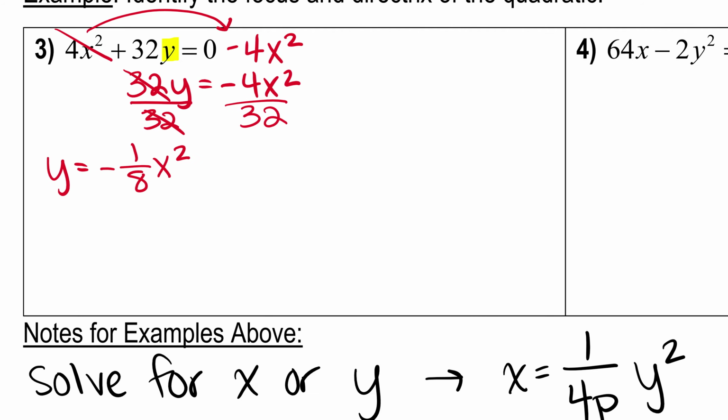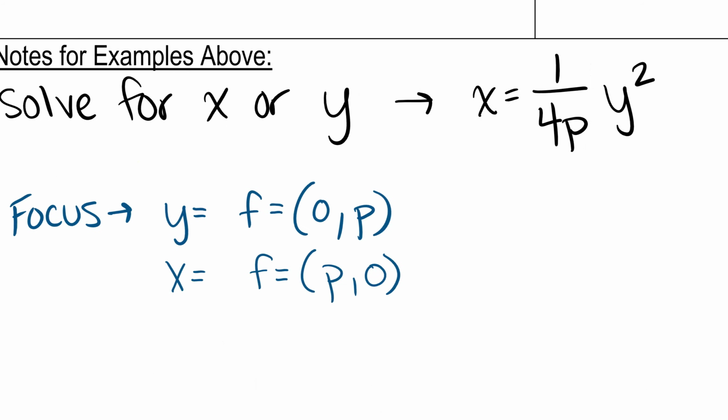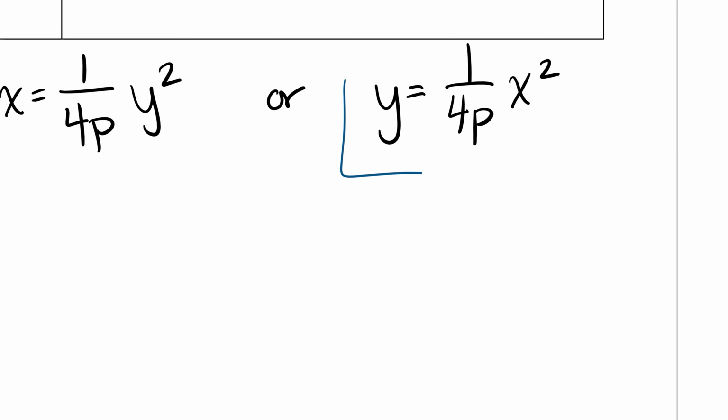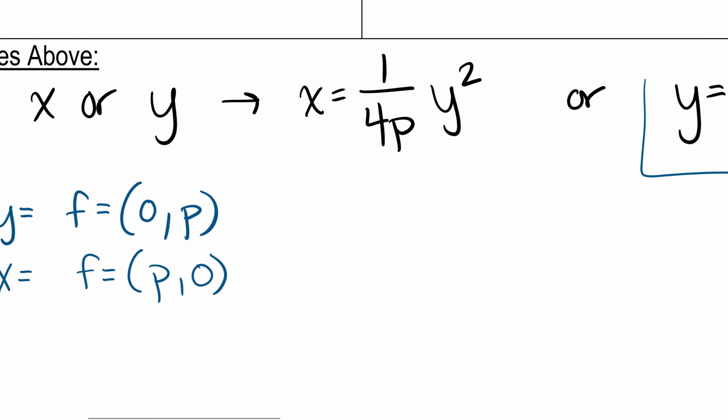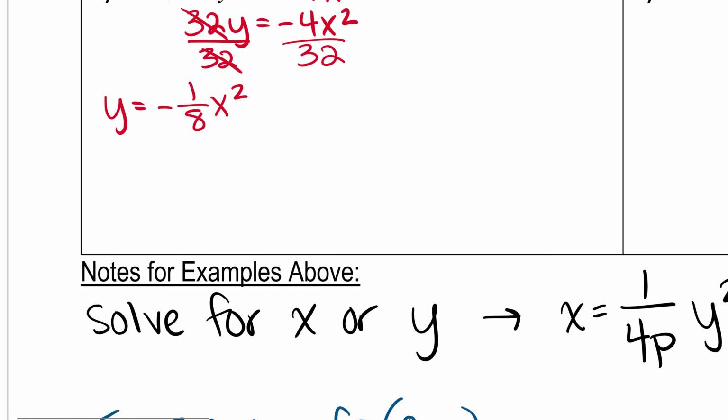So notice this is y equals, so I want y equals, let's go over here. Here's what I want. So my fraction, notice the bottom number is 4p. So my number should always be 4 times some number. If I go back and look, that's an 8. Well, of course, that's 4 times 2, right?